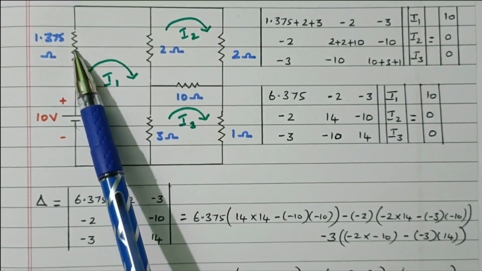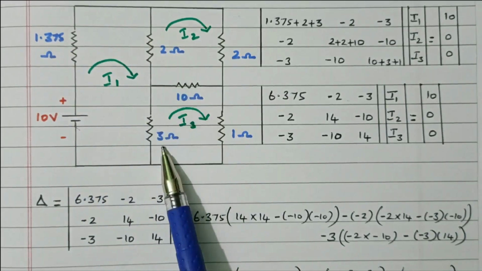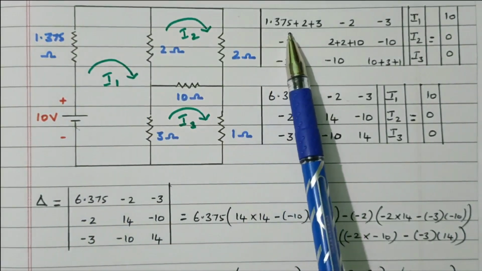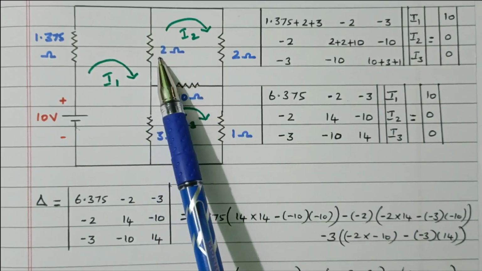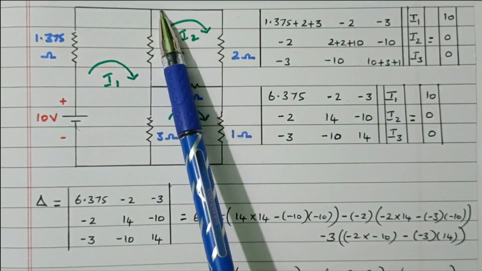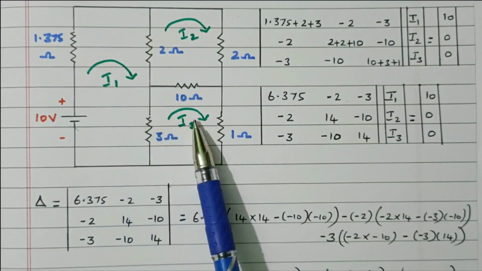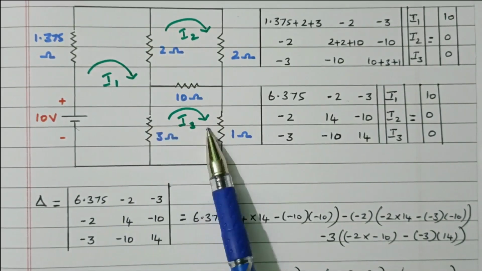In loop 1, the total resistor is 1.375 plus 2 plus 3. So the resistor available in loop 1 is R11. Then R12, between loops 1 and 2, this 2 ohm is available. See the current direction. This is going down, this is going up. So minus 2. R13, the resistor between the first loop and the third loop, that is 3 ohm. This is current down, this is current up.